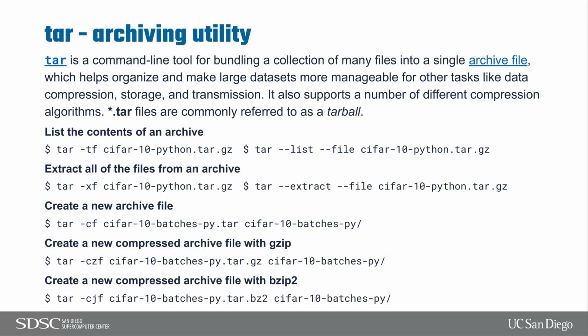Most of these compression tools that you'll encounter operate only on single files, so you need an additional type of tool to bundle a collection of files. The tar command is the one most commonly used in a Linux environment on an HPC system, and I'm sure tar is available on macOS too.